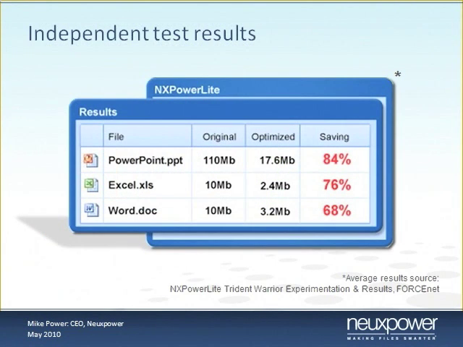So what kind of reductions can you expect on these file types? Well, in 2007, the Coalition Navies independently tested Neuxpower and recorded average file size reductions of 68% for Word, 76% for Excel, and an amazing 84% for PowerPoint. Now, these savings will translate typically into 30 to 40% overall storage reduction for most organizations.